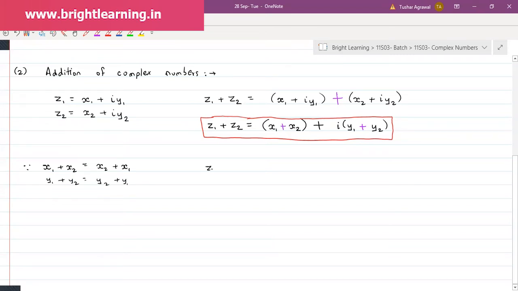So can I say that z1 plus z2 is equal to z2 plus z1?